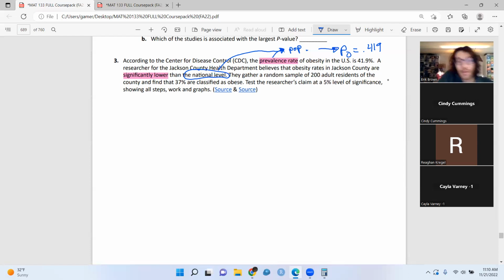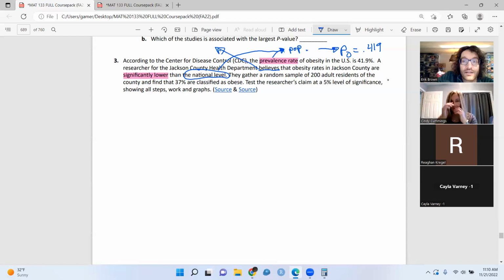So you think of this as a keyword, believes. Hypothesis tests are about claims. So this is a word that says, here comes a claim. We believe something, we're claiming something. And that's where we get the step 1 part, whether it's greater than, less than, or not equal to. It always comes in the belief statement or the claim statement. Okay, so significantly lower than the national level.